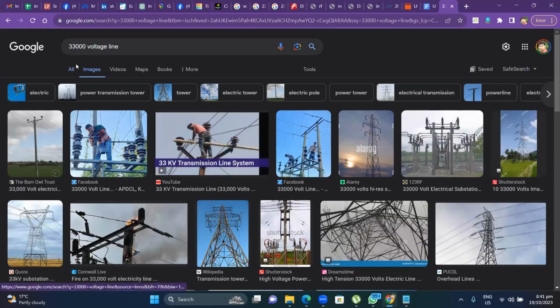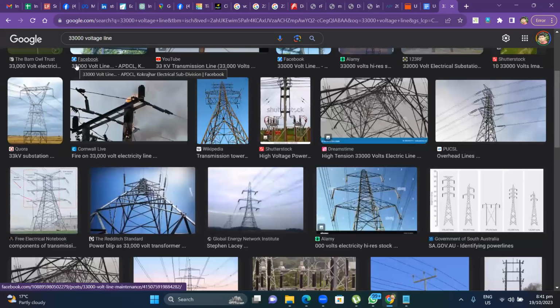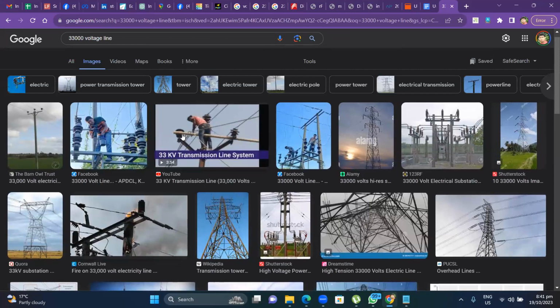Those are more powerful. With these voltages, you can't even go closer.